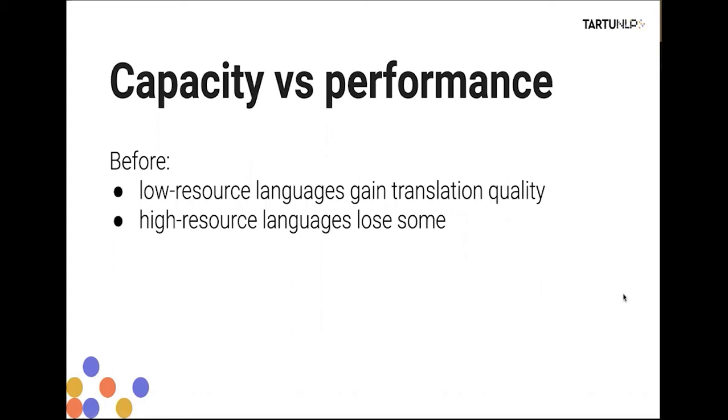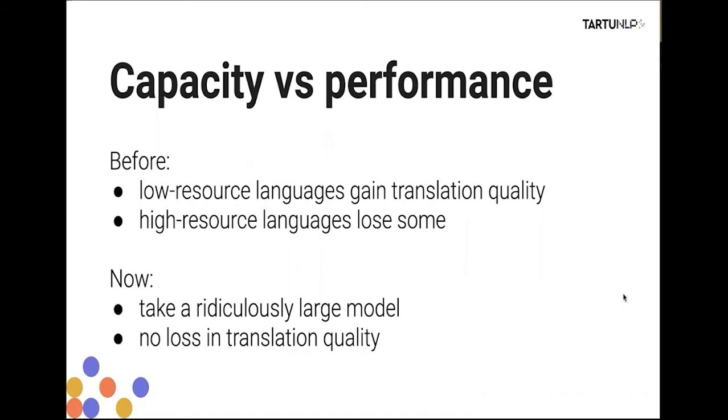Nowadays, if you take a big enough, ridiculously large model, and if you train it long enough on a big enough number of GPUs, then actually there is no significant loss in translation quality if you do it for long enough. So nowadays, this is done just nicely directly with the right training parameterization and so on. You can actually achieve a big multilingual model like M2M, which will not lose that much.